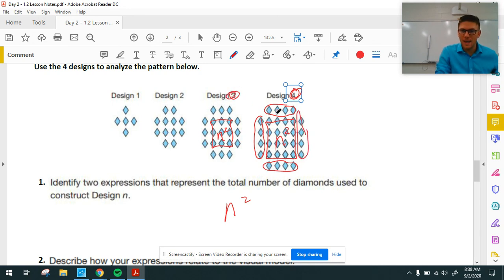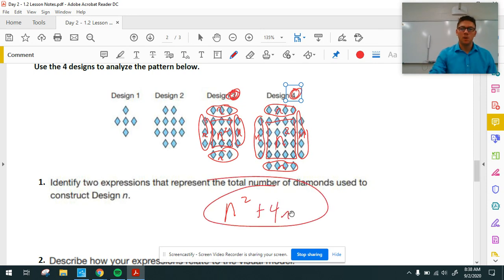Those are all N's. That's N, N, N, N. Design 3 has 1 set of 3, N, another set of 3, another set of 3, and another set of 3. N, N, N, N, add them up, 4N. That's our expression for this last one, right?